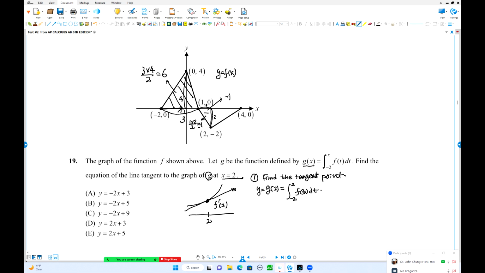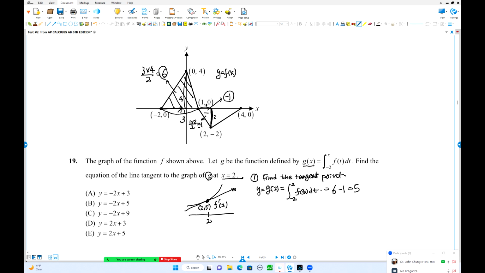Up to here, that's enough, because x is 2. This is the value of g of 2. How much is that? 6 plus negative 1, so 6 minus 1 equals 5. So this point is, when x is 2, y is 5.